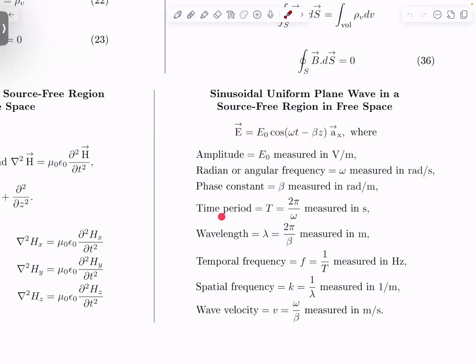We said that the solution to the wave equation is E_s equals E naught e to the minus gamma z ax. This is not exactly related to this problem. This is in the phasor form, the solution to the wave equation.